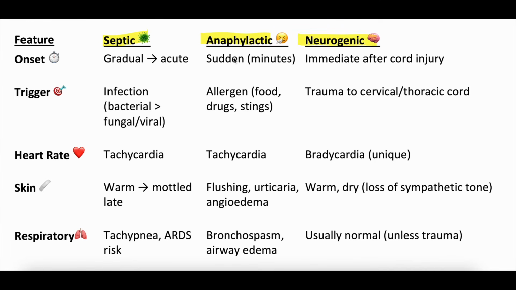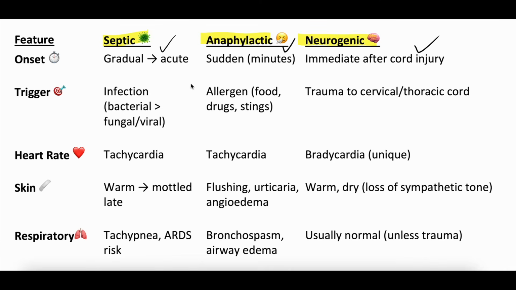You were exposed to an allergen and you have this sudden anaphylactic reaction. Whereas in septic shock, you have to get an infection that worsens, you have to develop septic shock. In neurogenic shock, it's usually immediately after a spinal cord injury, right? So neurogenic shock, the onset's going to be after the spinal cord injury. Anaphylactic shock, the onset's going to be within minutes of exposure to the allergen. And in septic shock, it's more gradual.